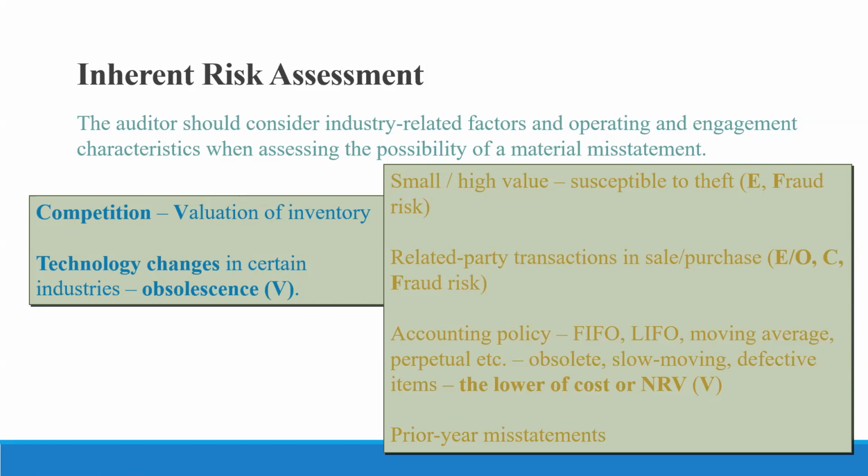And also when you think about inventory audit, also think about very small, tiny inventory items. If the inventory items are very small, the problem is they could easily be stolen, right?